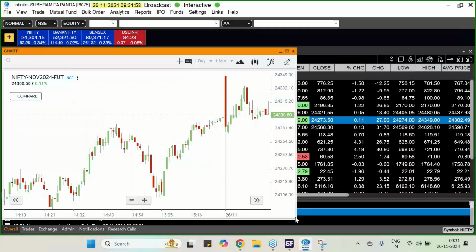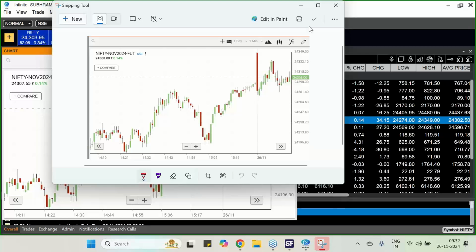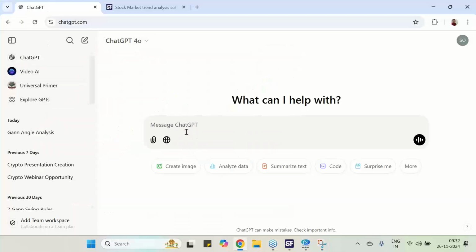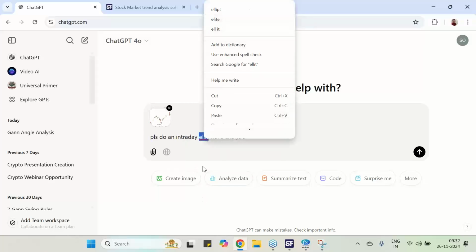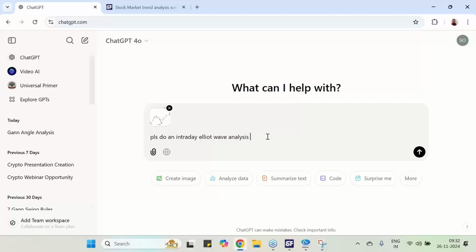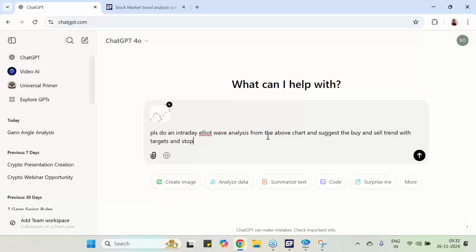I have taken a snapshot here, copied it here, and again I am giving: please do an intraday Elliott wave analysis from the above chart and suggest the buy and sell trend with targets and stop loss.